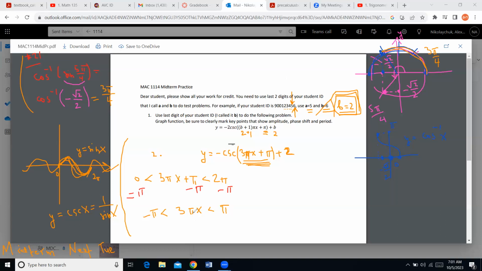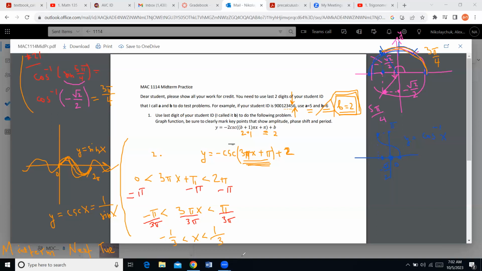So I'm dividing now by this 3 pi to have only X left in the center. Once I divide, it looks like the pi will cancel. So we're going to have just a negative 1/3 on the left side and positive 1/3 on the right side.